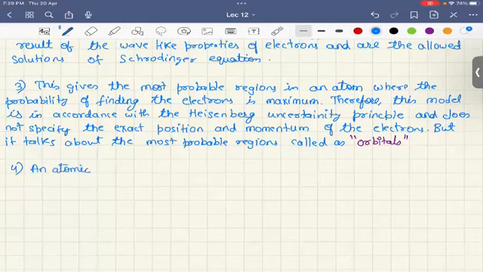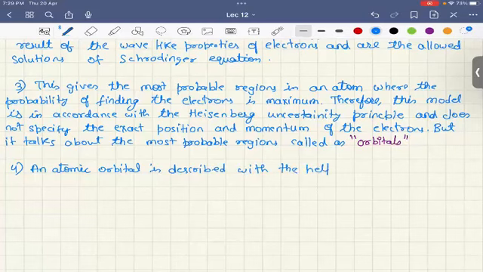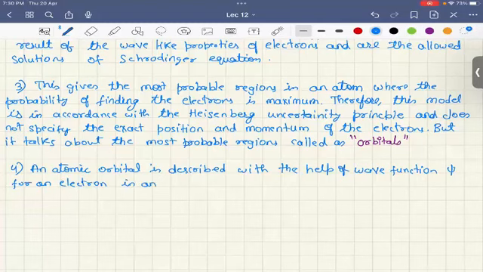An atomic orbital is described with the help of the wave function, which is psi, for an electron in an atom.